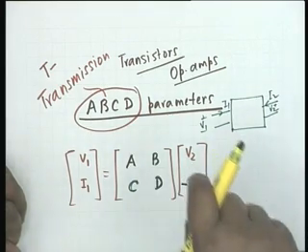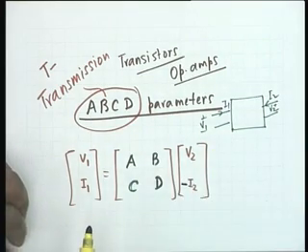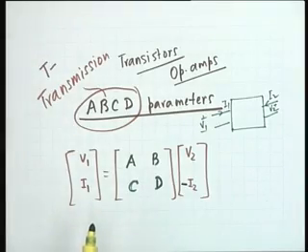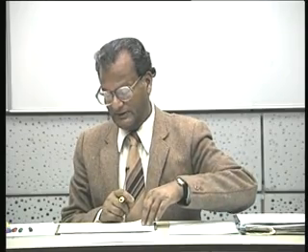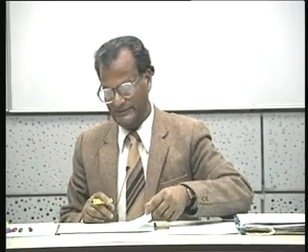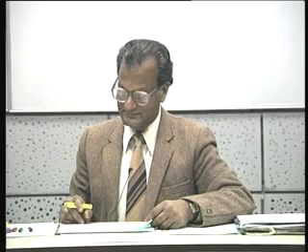This is the only set of parameters of the 4, Z, Y, H and ABCD, in which we use a negative sign appended to a current. All right? That means that the current direction was taken to be outwards for I2. That is right. Lord Kelvin said, I will take it out.